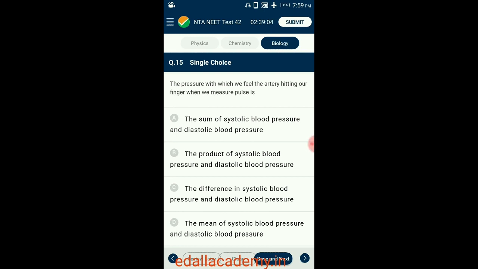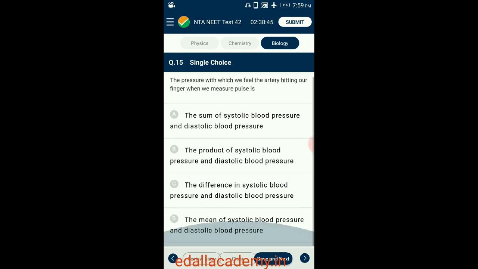When the artery expands, it expands from a pressure of 80 mmHg to a pressure of 120 mmHg. Thus, the pressure with which we feel the artery hitting our finger is 120 minus 80, that is equal to 40 mmHg. It is also called pulse pressure. So the answer for this question is option C.